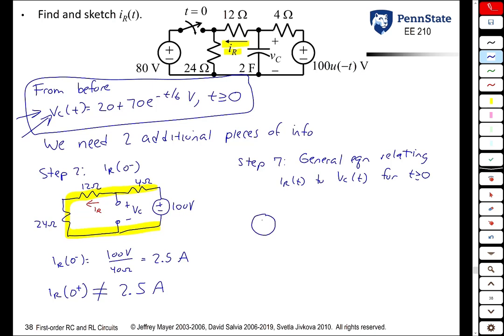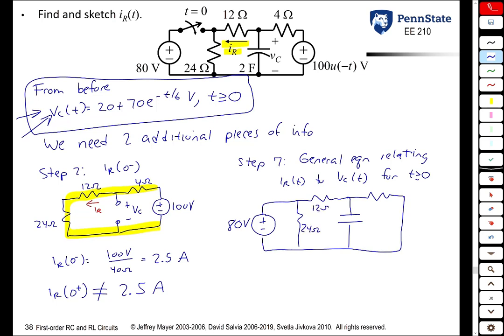If you redraw the circuit after the change at 0, now this 80 volt source is present. The capacitor is no longer an open circuit, and the 100 volt source is off. Once again, we're looking for this current IR.